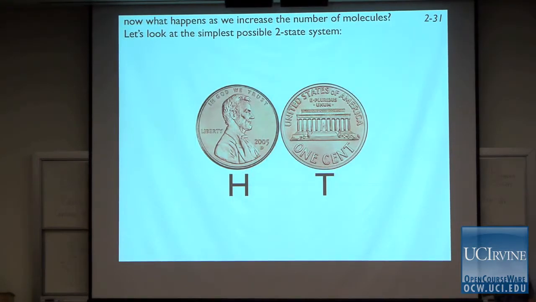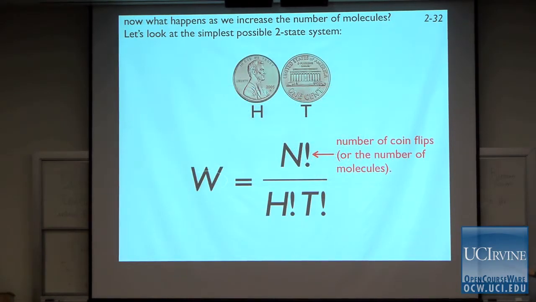So let's make the system a little simpler. Let's make it a two-state system, heads and tails. Only 2 states for the molecule now. Excited or not excited, let's say. Now our W, here's the number of coin flips, because that's just a way to think about molecules.